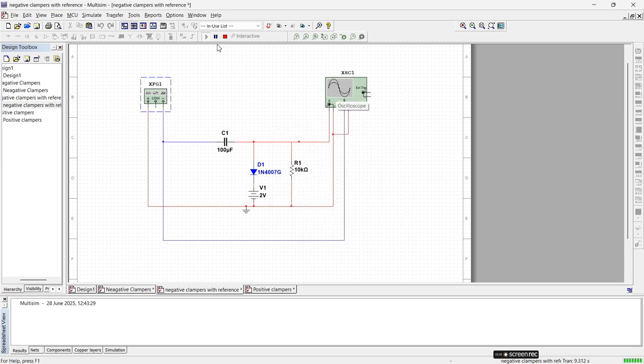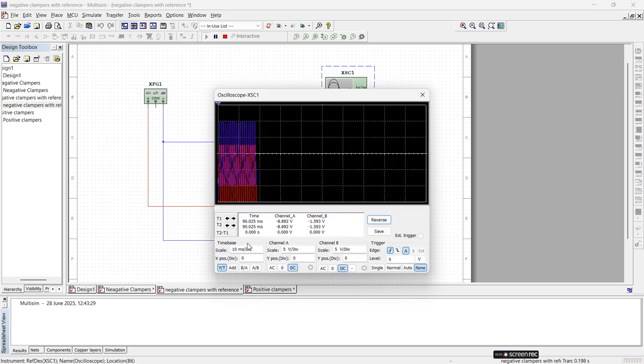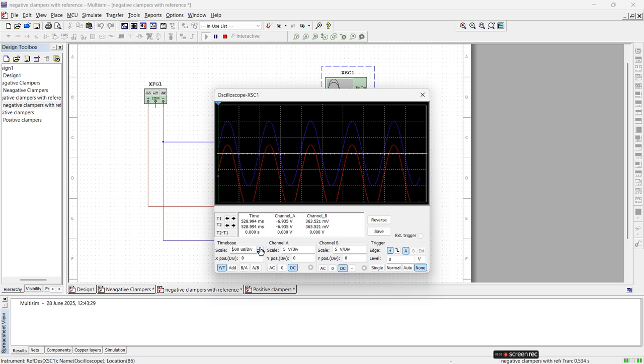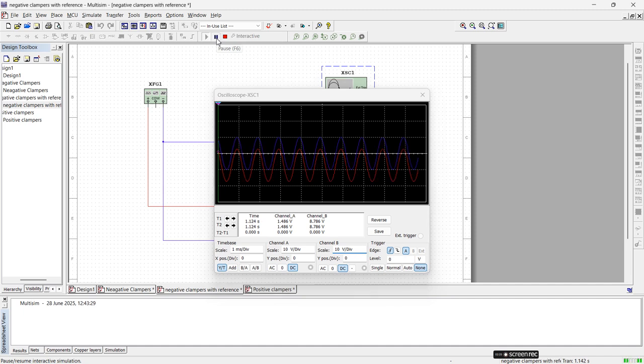Then after that, just change the time scale, 1 millisecond. Okay, please observe this. Okay, shifted upside.